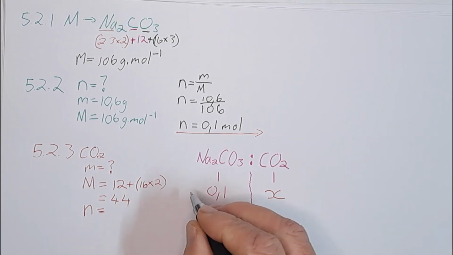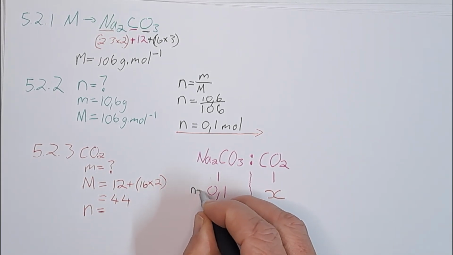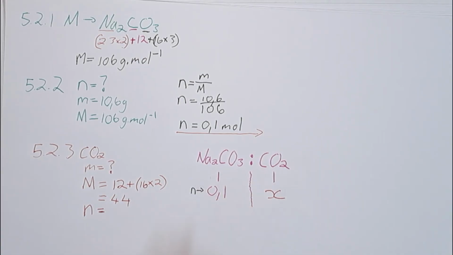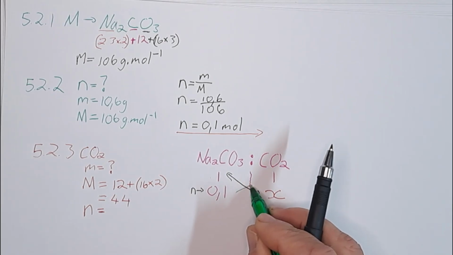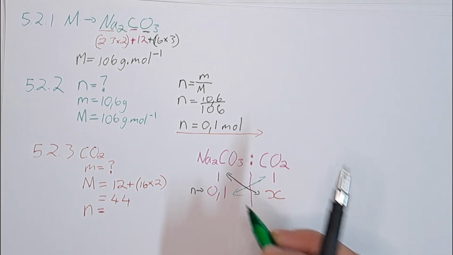Let's take another color. So I want the mole of carbon dioxide. All right, so we're going to cross multiply this there and that one and that one and that one.